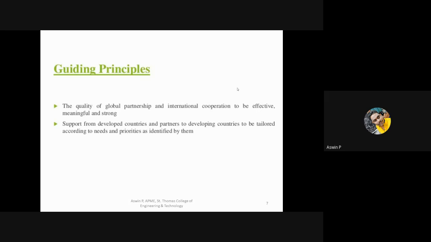So the quality of global partnership and international cooperation is very important, and the Sendai framework says it is mandatory as a guiding principle. And we need support from developed countries and partners to developing countries to be tailored according to needs and priorities as identified by them.